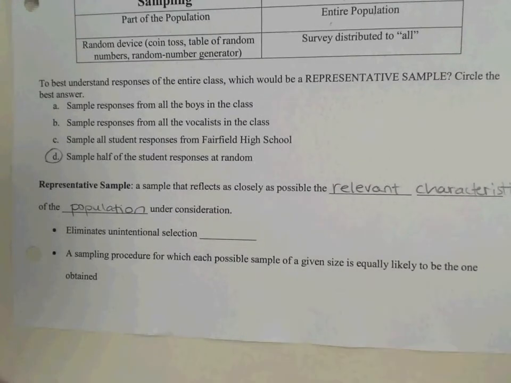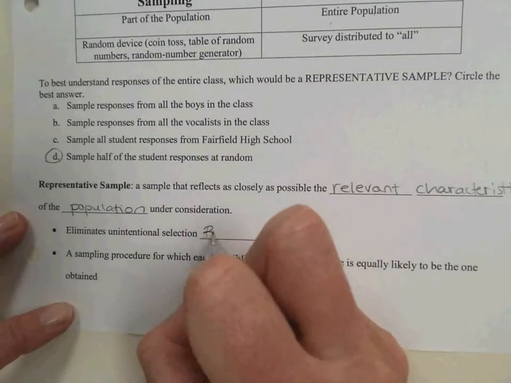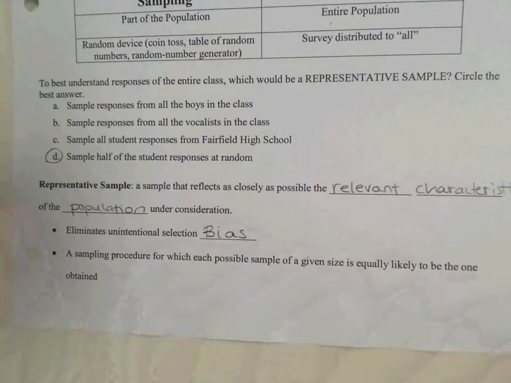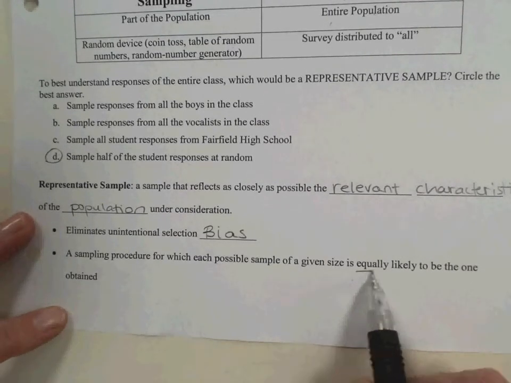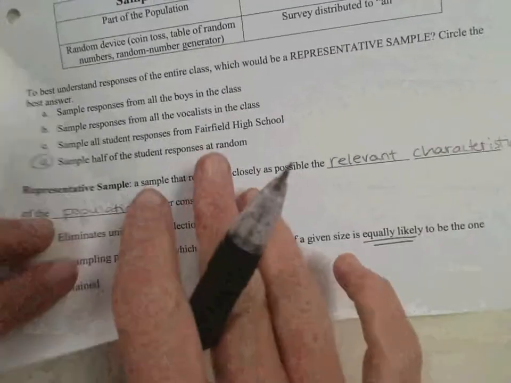So doing a representative sample helps eliminate unintentional selection bias. And representative sampling is a sampling procedure for which each possible sample of a given size is equally likely to be the one obtained. So all of the students on that list were equally likely to be chosen by that random number generator.